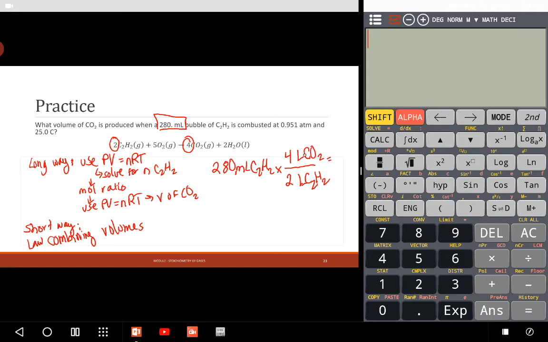So that's going to tell me that I'm going to have essentially twice as much CO2. And you can see here that the liters cancels out, and then I'm left with milliliters of CO2.